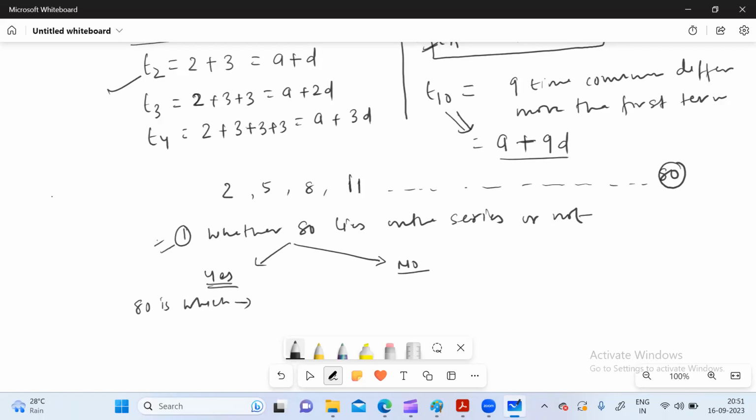Like it is 24th, 25th, 28th, which term? And if 80 doesn't lie on the series, what numbers around 80 will lie on this series?